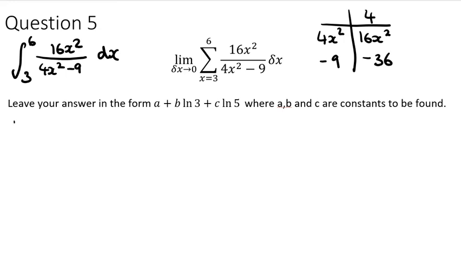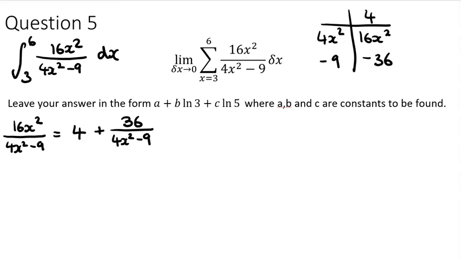So if I do 16x squared divided by 4x squared minus 9, that's going to give me 4. But if I times that out, I get an unwanted minus 36. So we have this remainder of 36 left over here.